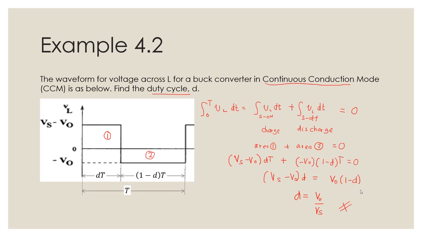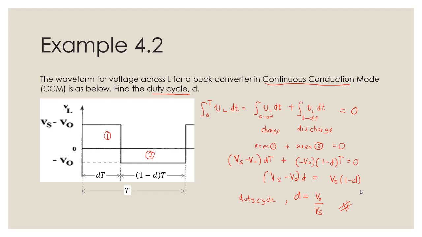Okay, so here D, the duty cycle, is equivalent to V naught over Vs. From this relation, we can conclude that the ratio between V naught, the output voltage, and the input voltage, we can control by controlling the duty cycle, meaning the timing for on and off of the switch.